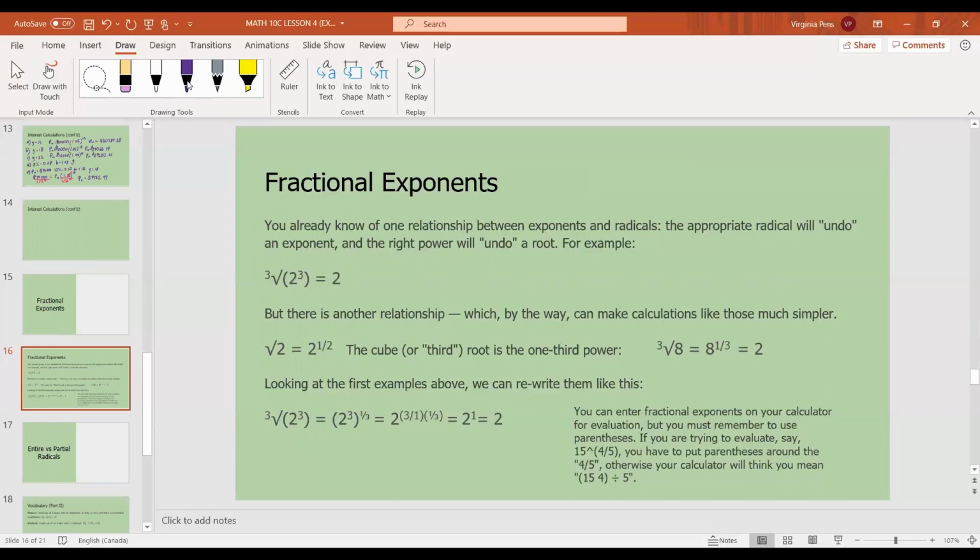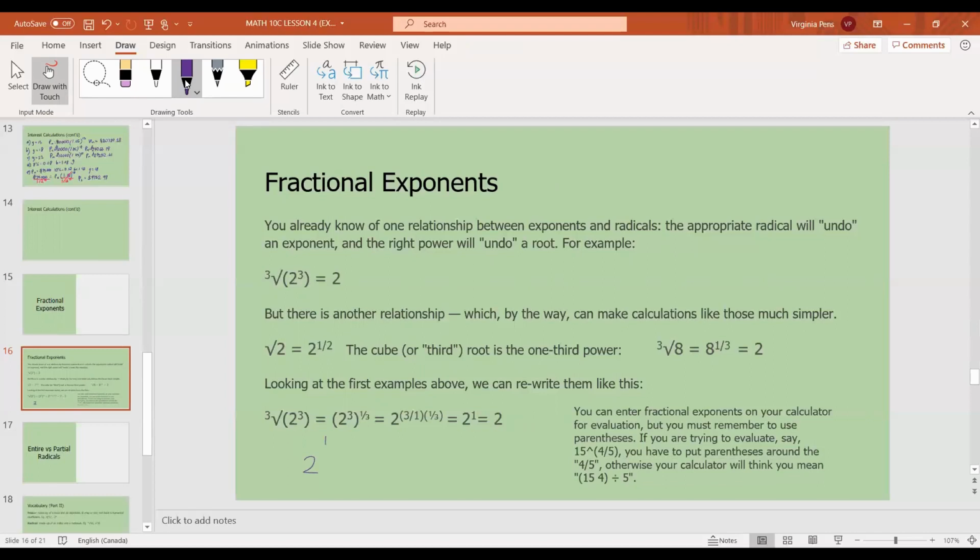But there is another relationship which can make the calculations much simpler. So this is kind of what I was talking about earlier. 2 to the power of 1/2 is actually the same as the square root of 2. So let me draw this out.